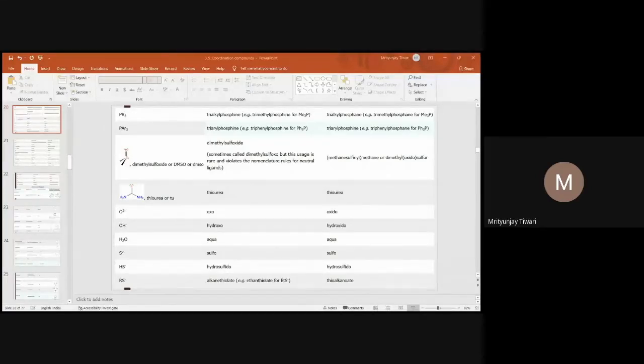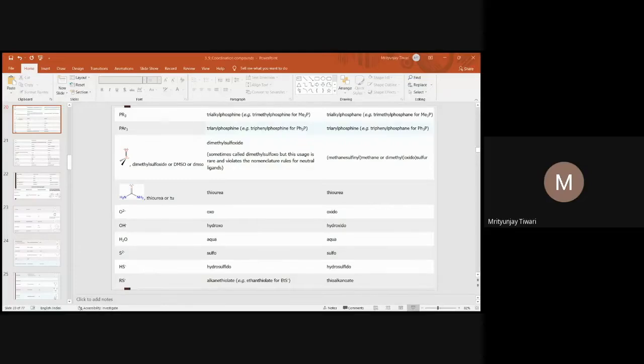Just by looking at the name, you should exactly understand the chemical formula, and not only that, you should also have an idea of the structure unambiguously. There will be no second possibility of the structure. This becomes more important in the case of isomers, because even if you write one molecular formula, the structure can be different.